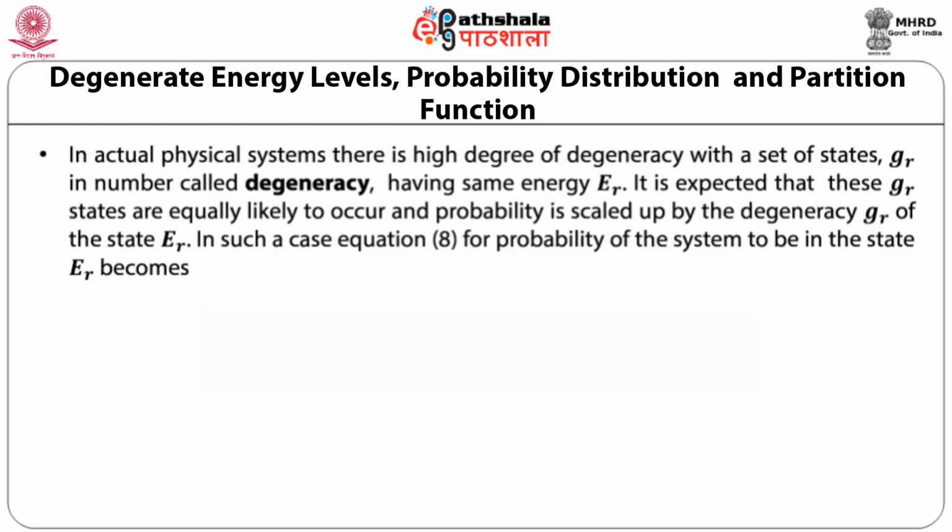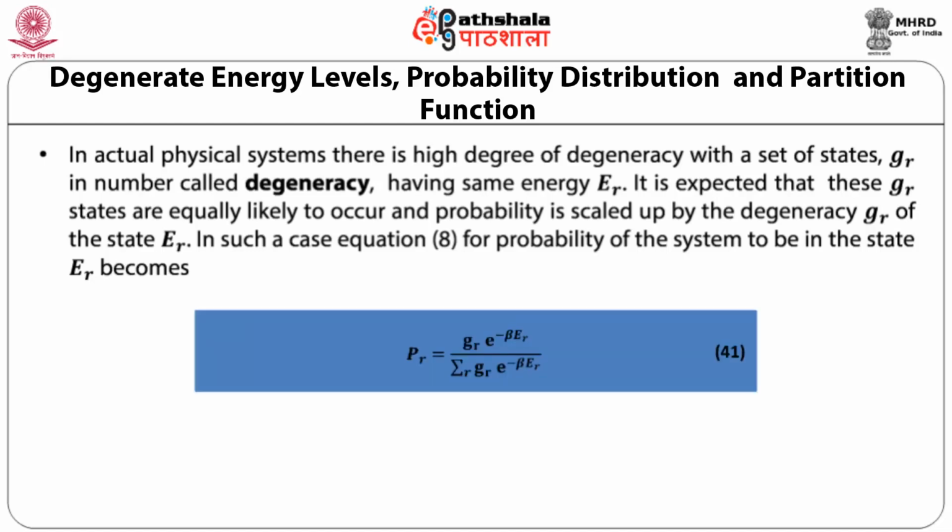In such a case, equation 8 for the probability of the system to be in the state E_r becomes P_r equal to g_r e raised to power minus beta E_r divided by the summation over r of g_r e raised to power minus beta E_r. Now we will look at a very useful concept called density of states.